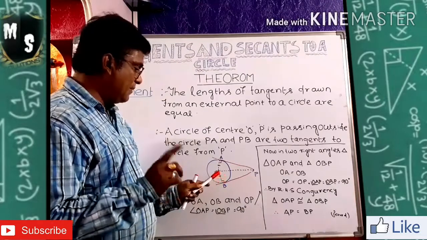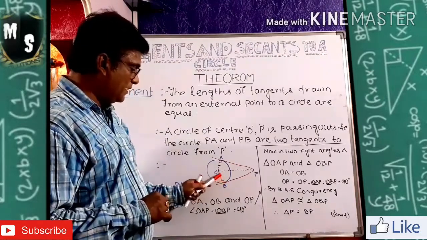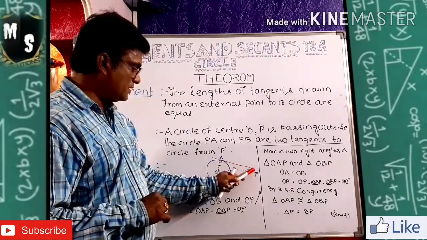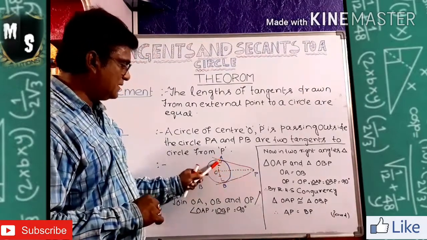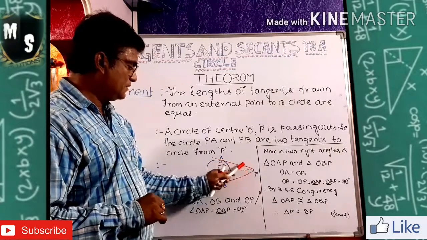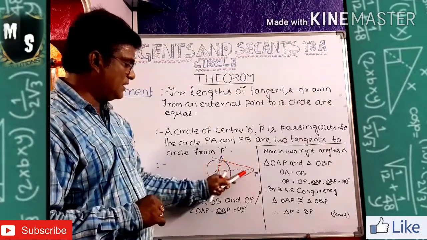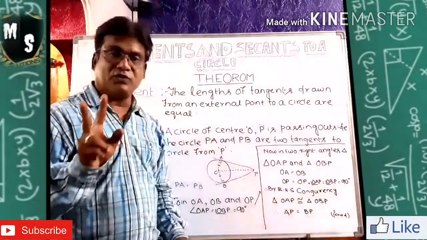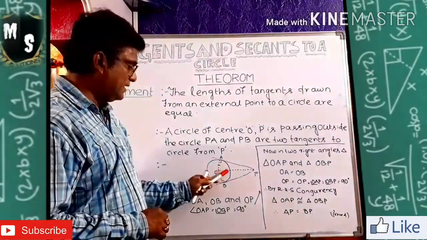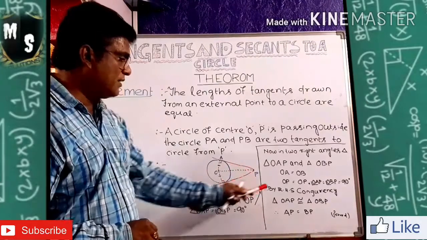Then what is that? Hypotenuse. See now, this is the perpendicular, this is the base, and this is called the hypotenuse. OP is the common side. See, OP equal to OP for both triangles. This side is common for both, so it is a common side.